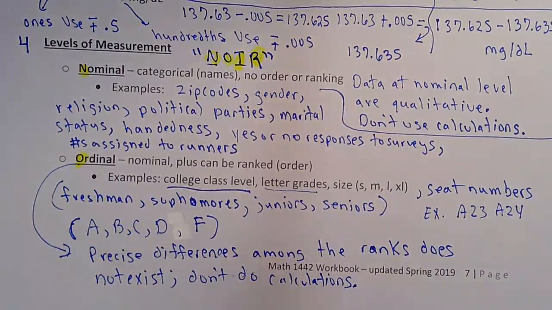So you wouldn't be able to do a difference and subtract, because you have a ballpark figure of A being somewhere between 89.5 to 100, but you don't have exact figures, so you wouldn't be able to compute a precise difference among these ranks. Among those ranks A, B, C, D, all right? Okay, so that's ordinal.